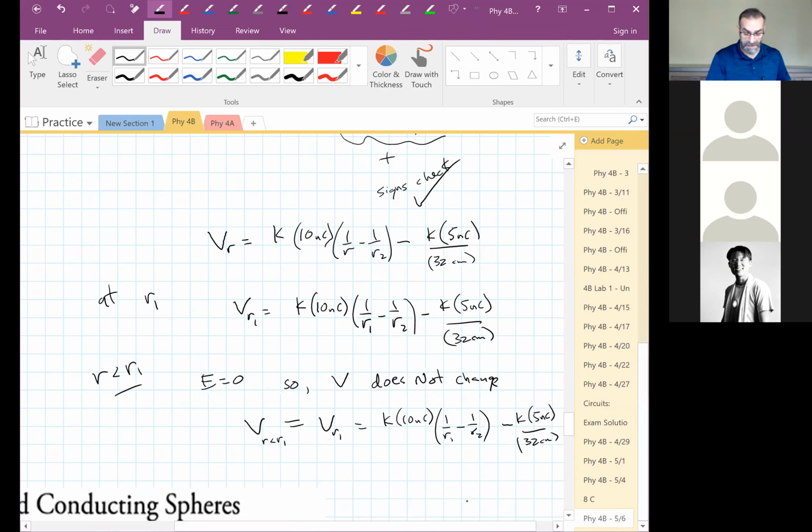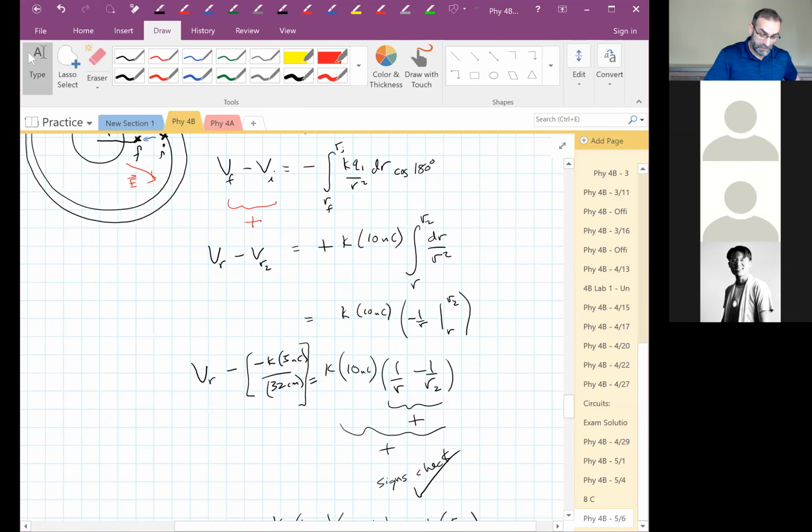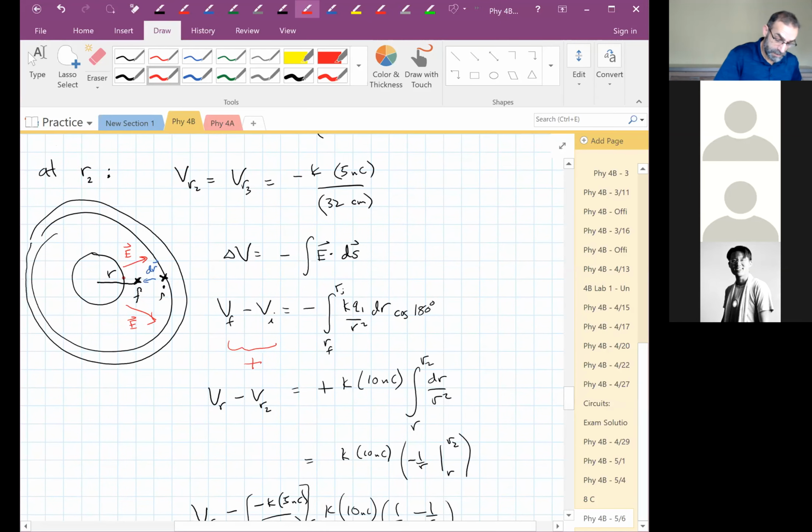It stays constant from the surface all the way through. It's constant because E is 0 inside of R1.